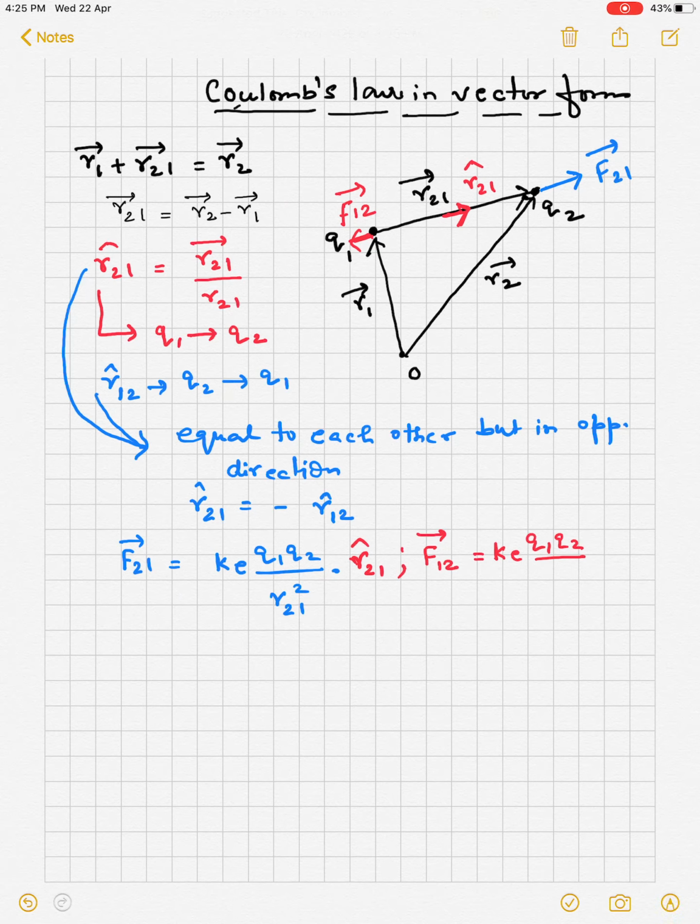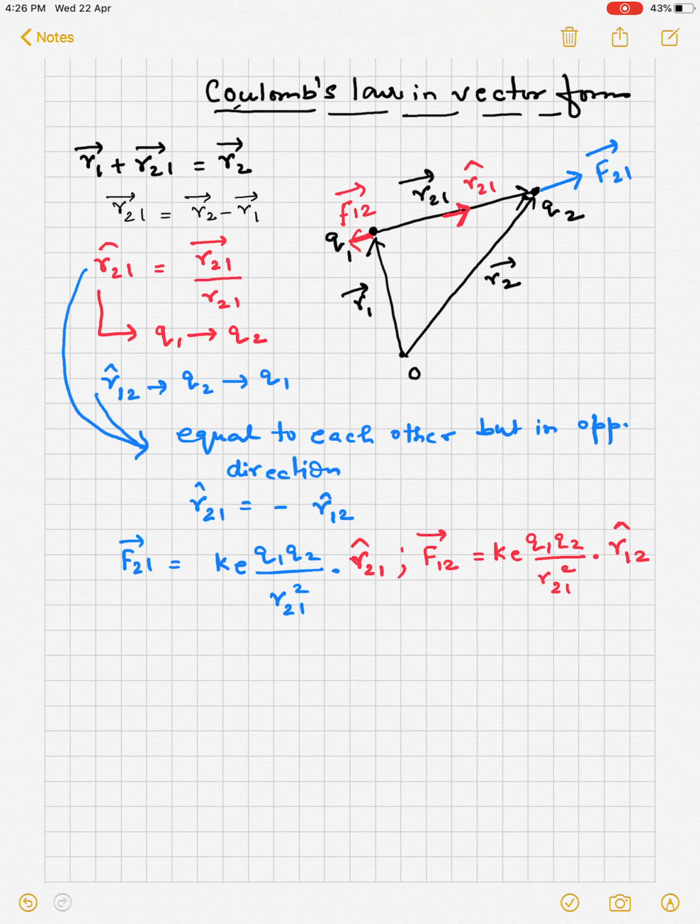Distance I am taking here R21, similar to the previous one because it is magnitude, into a unit vector in the direction of force F12, so it is R12. So these are the two forces, F21 and F12.